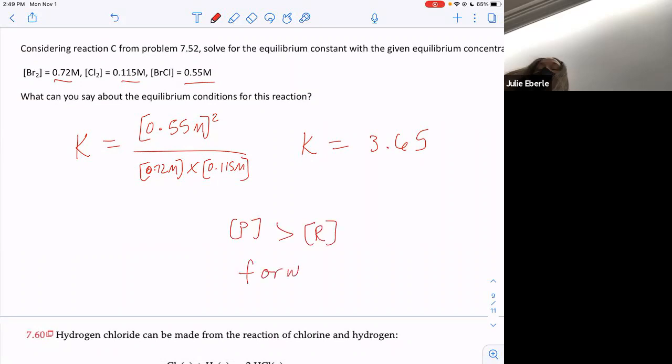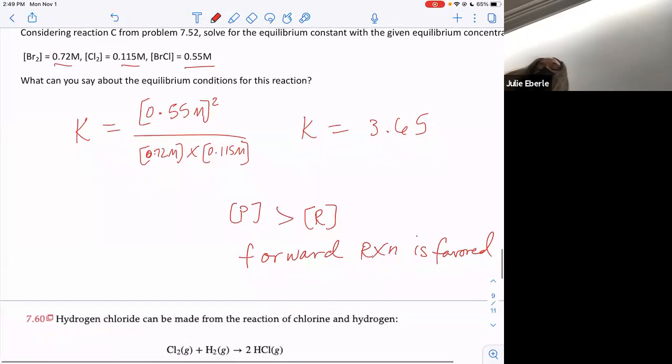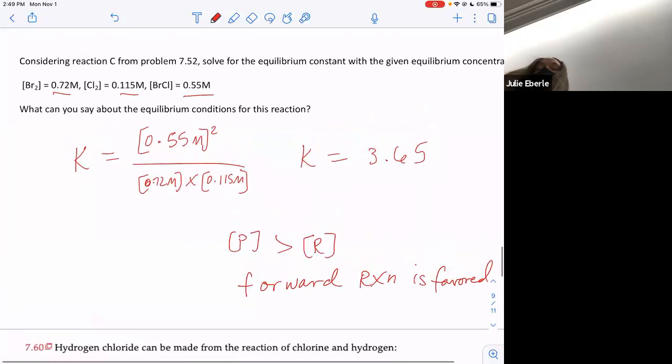You could say the forward reaction is favored. You could say I'm going to have more products than reactants at equilibrium. Several ways you could communicate that, okay? Any questions on this?